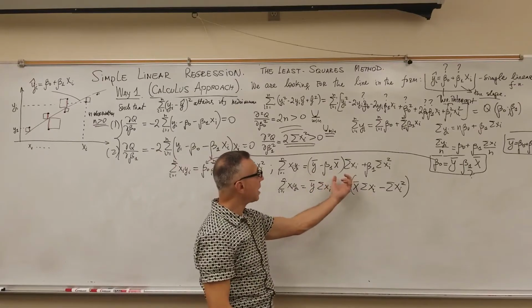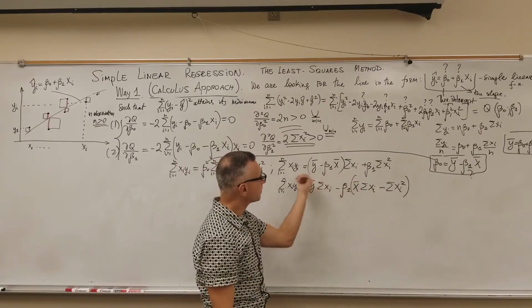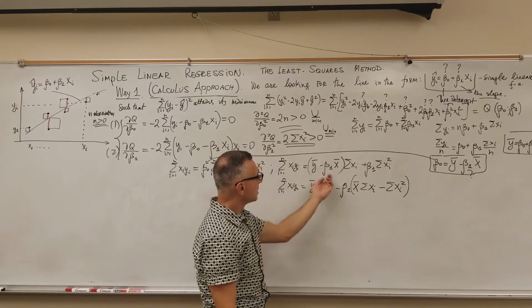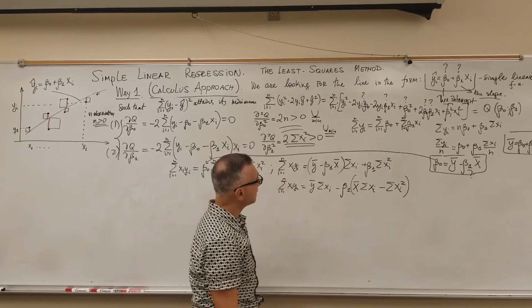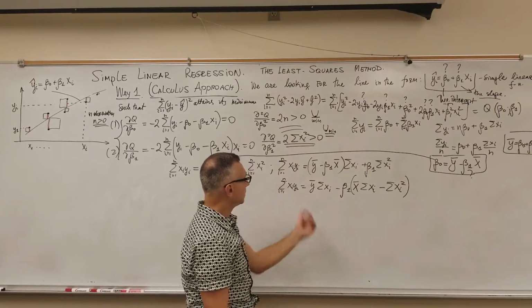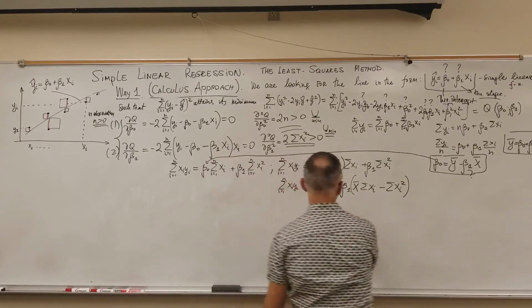I just factored out minus beta 1 from those two terms. This is what I have, and hopefully I'll be able to separate.